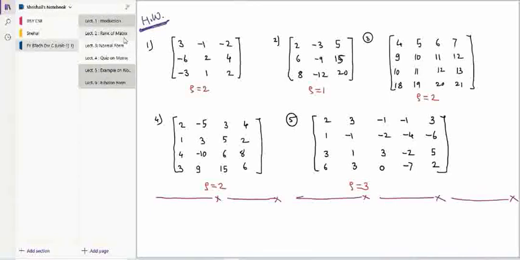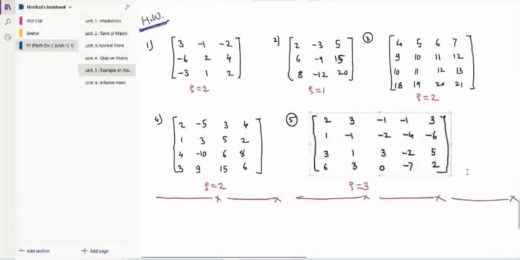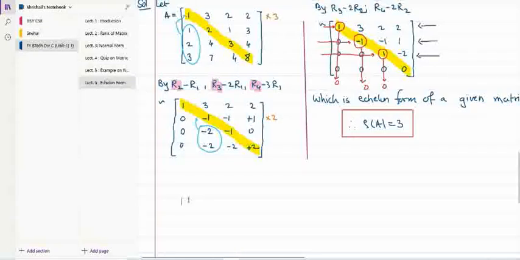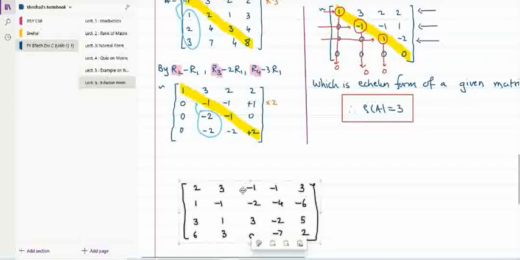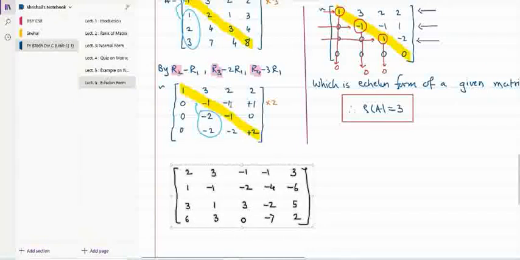Just a minute. Okay, this is the next example. Number 3, suppose. Example number 3.